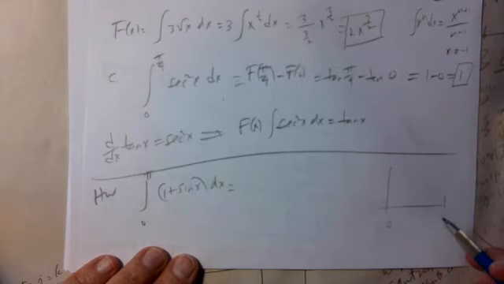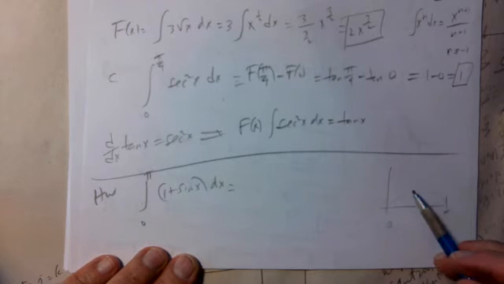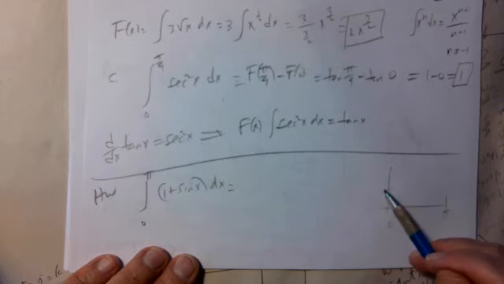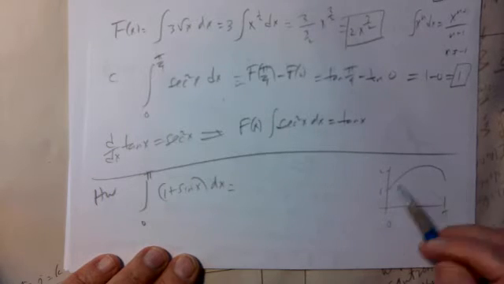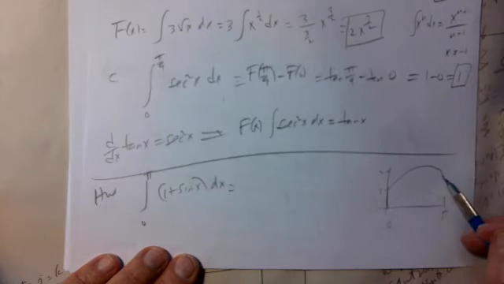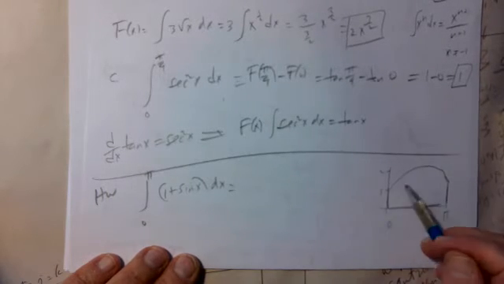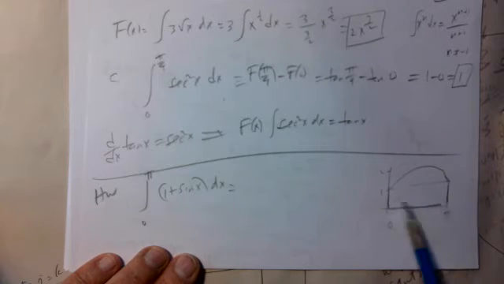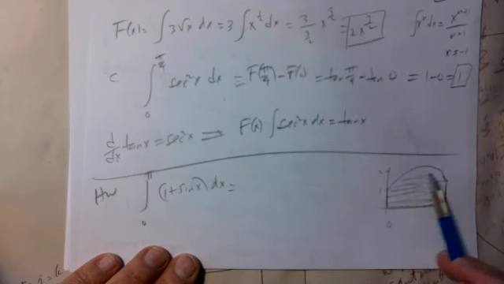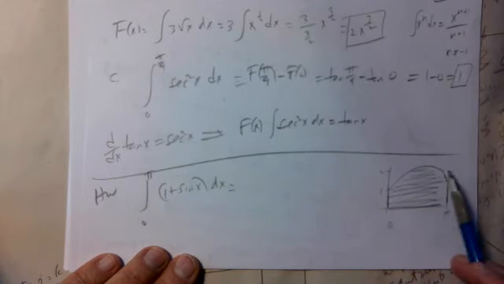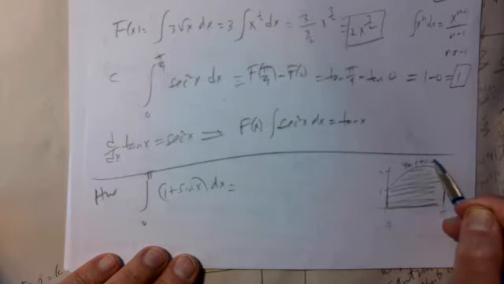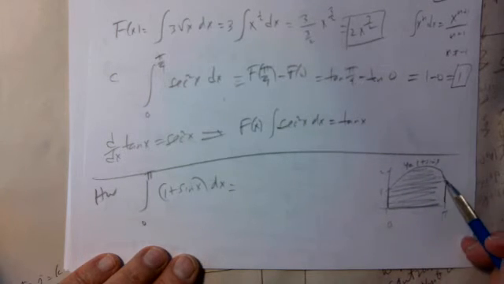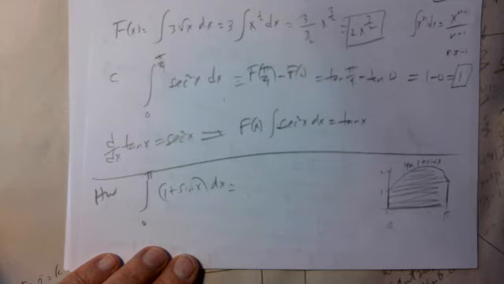As you go from 0 to pi, sine of x looks like that. So 1 plus sine x looks like that. So we're asking for the area under the curve 1 plus sine x from 0 to pi.